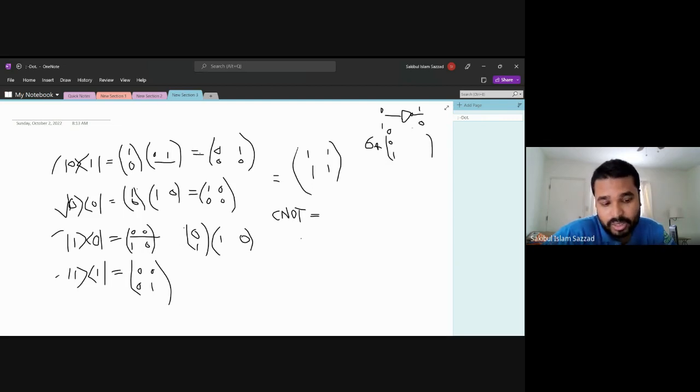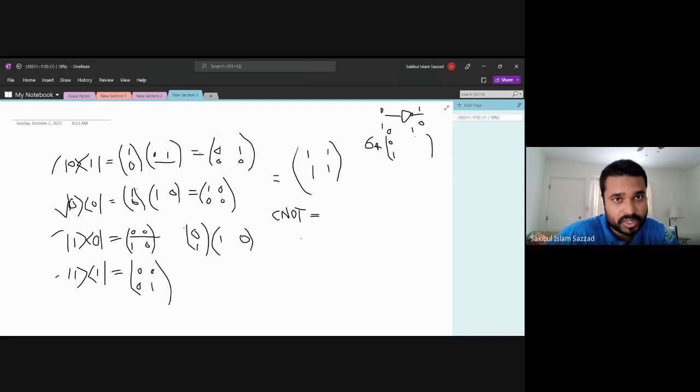Okay, now say I have input 1. What should be the output for the quantum NOT gate? The quantum NOT gate is called Pauli-X gate, and this is equivalent to the classical NOT gate. What is this Pauli-X gate?